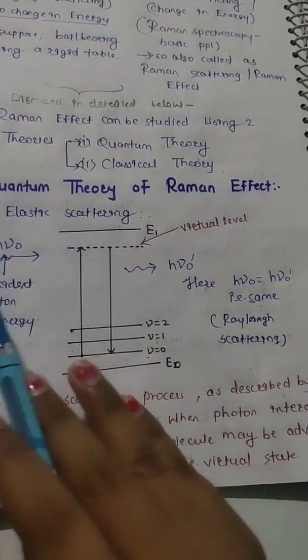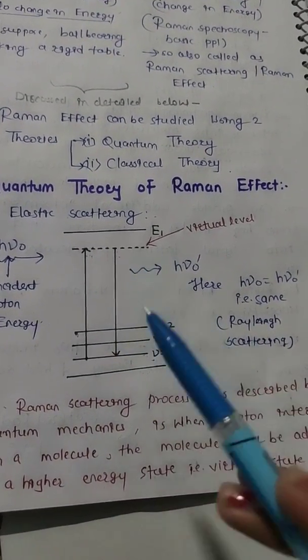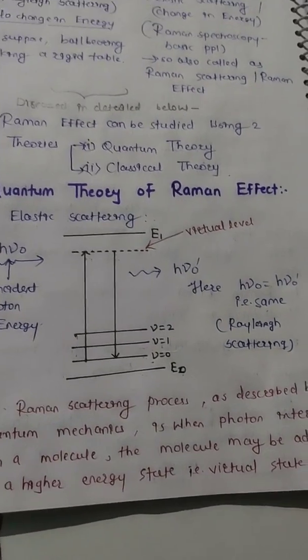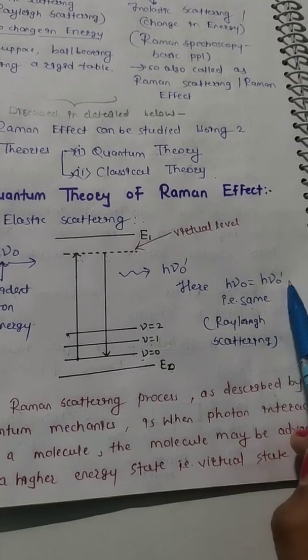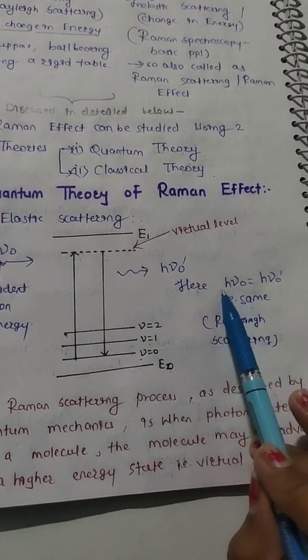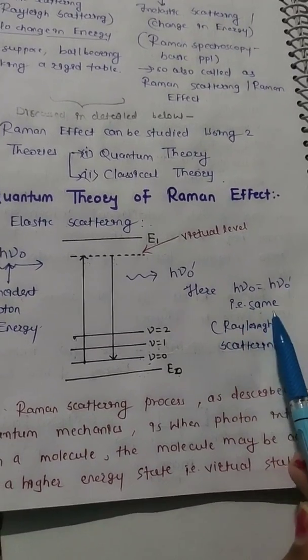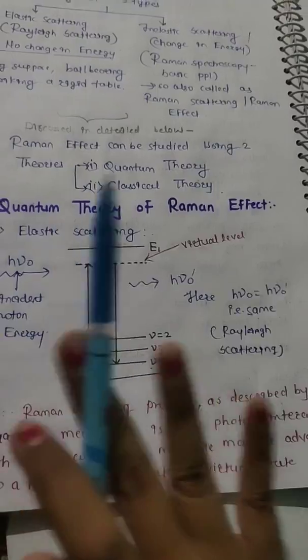That is, just 0.001% of the energy is interacting with the molecule, which is almost negligible. That's why we can say h nu naught equals h nu naught prime. So the incident energy is equal to the scattered energy. This phenomenon is called elastic scattering or Rayleigh scattering. This is the first case.